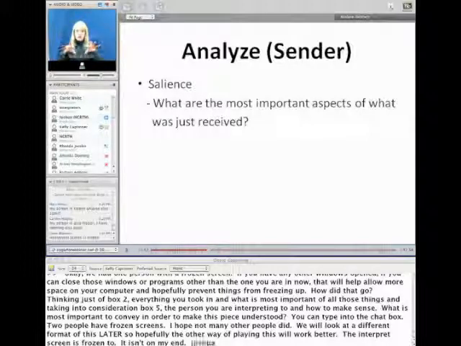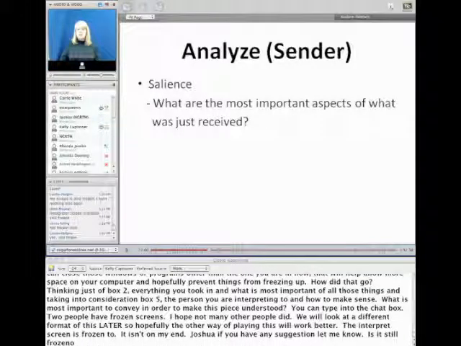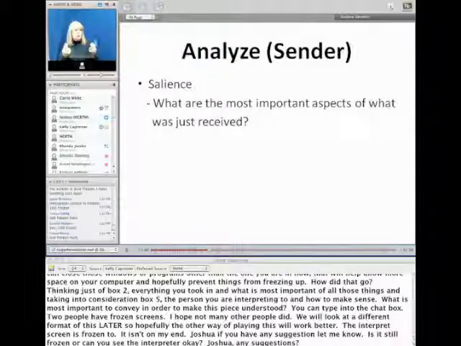Is testing the interpreter screen still frozen, or can you see the interpreter okay? Joshua, any suggestions? Yeah, Joshua was saying you may have to log out and log back in if it remains frozen.